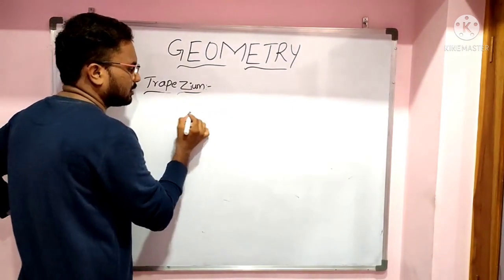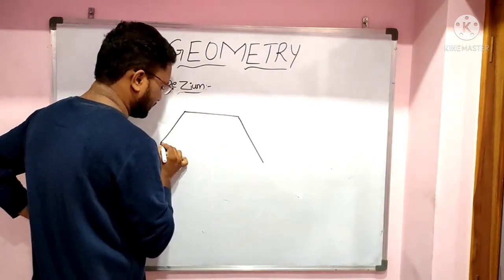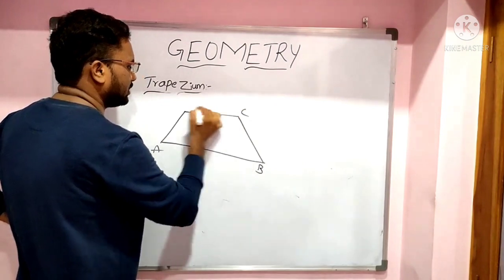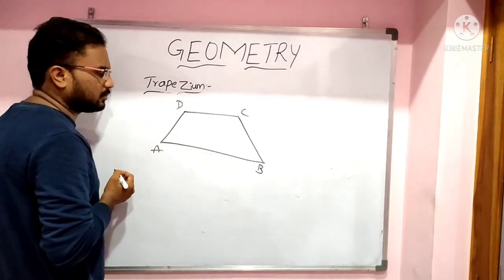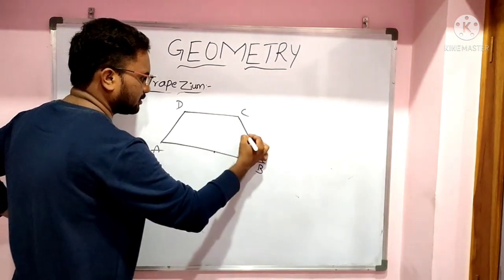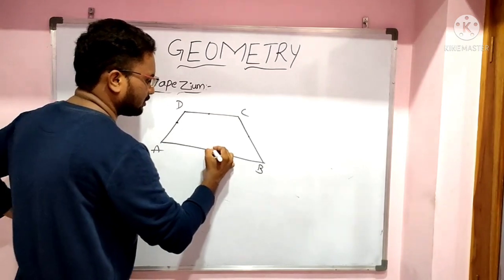Next one, in a trapezium, if the midpoints of the sides are joined, let's say A, B, C, D is a trapezium. Midpoints means this is the midpoint of AB, this is the midpoint of BC, this is the midpoint of CD, and this is the midpoint of DA.